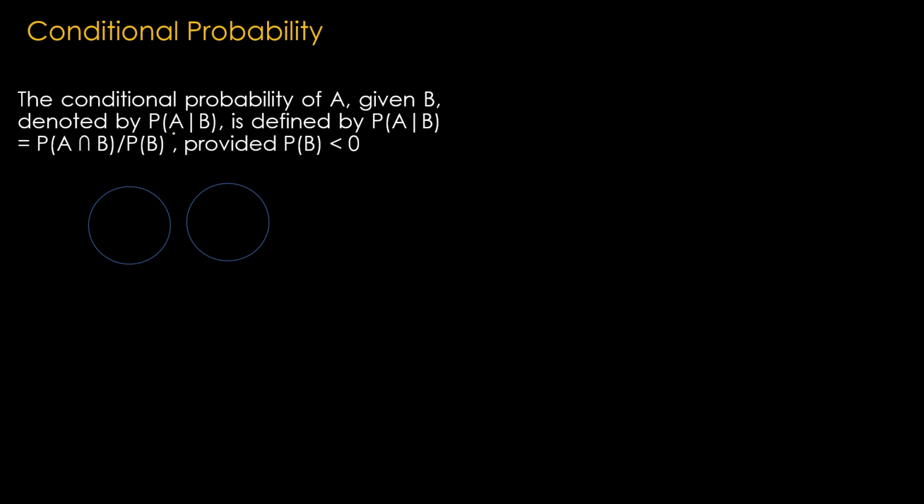The probability of A given B is defined by this formula: the probability of the intersection between A and B divided by the probability of B. If this is your event A and this is your event B, the conditional probability, or the probability of A given B, means that B is already known, and the probability that A happens given that B is known. So B is a fact.